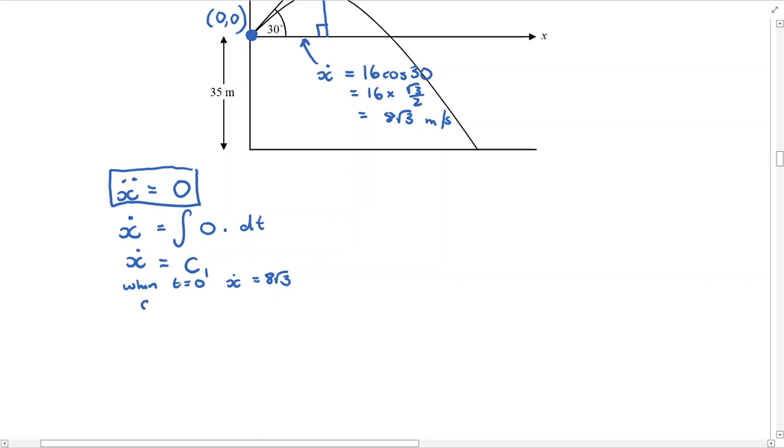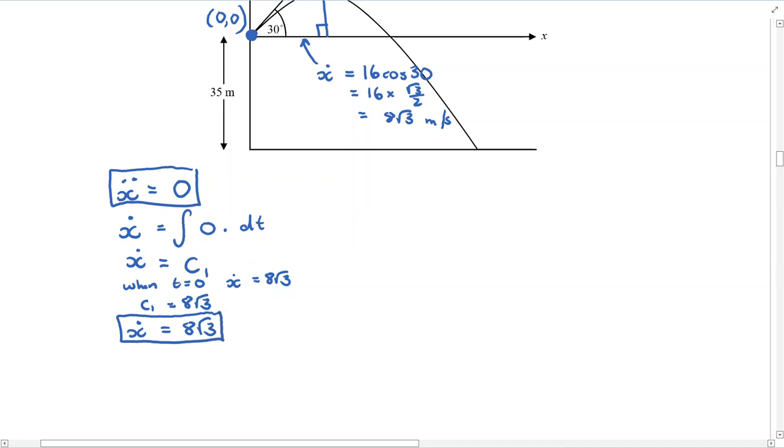I'm just getting that my constant is going to be equal to 8 root 3. So as you'd hope, my velocity is equal to 8 root 3 always, because the velocity does not change in the x direction, right? Over time, it's always going to be 8 root 3 the whole way through that parabola. That's my second equation.